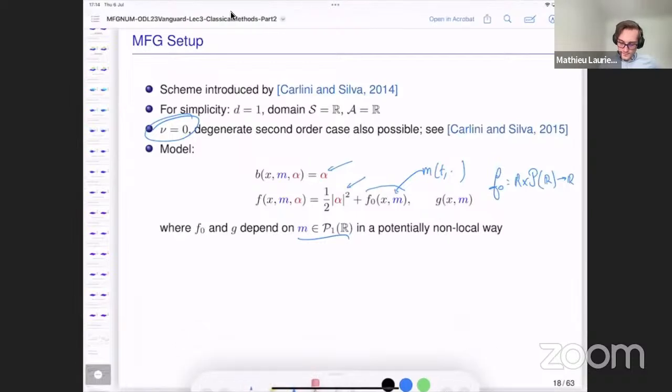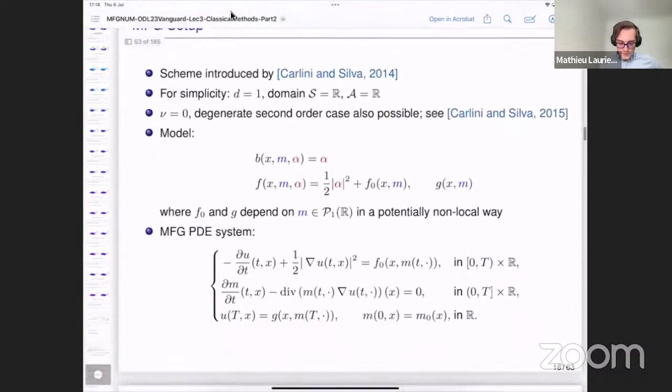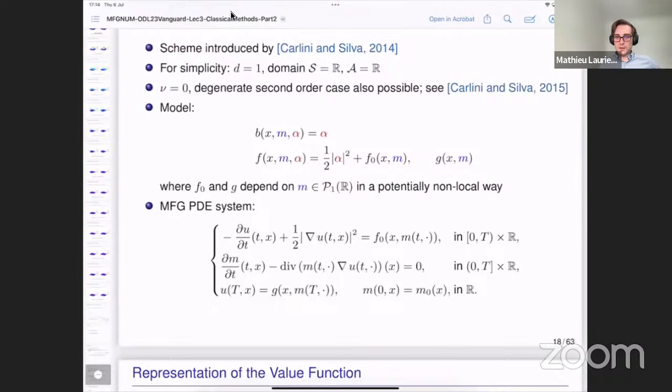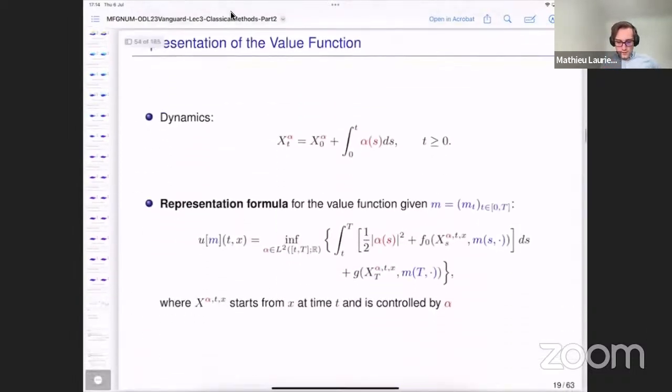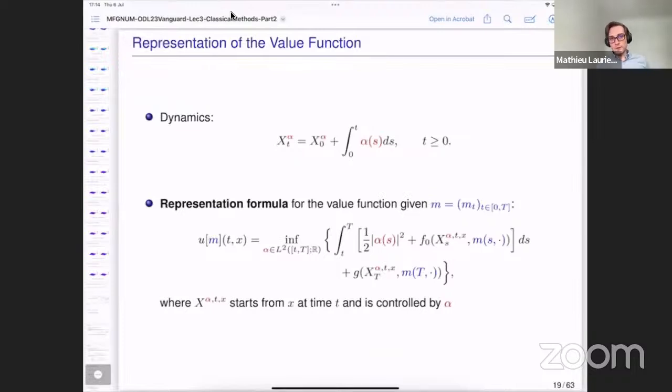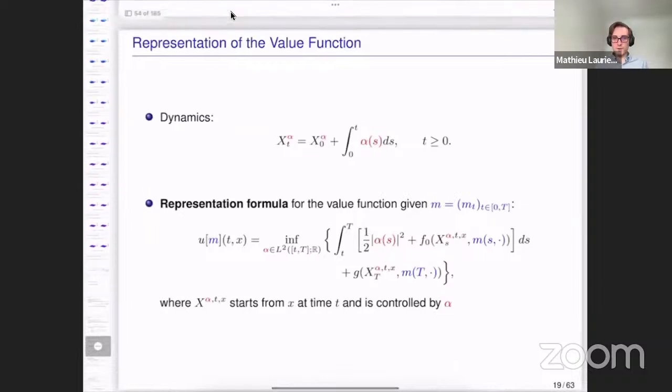Okay, so let's see what happens here. In this case, the MFG PDE system takes the following form, where you have the backward equation and the forward equation. Let's try to rewrite the value function using the definition. So the dynamics of x, because there is no diffusion, is given by the integral of alpha between time 0 and time little t.